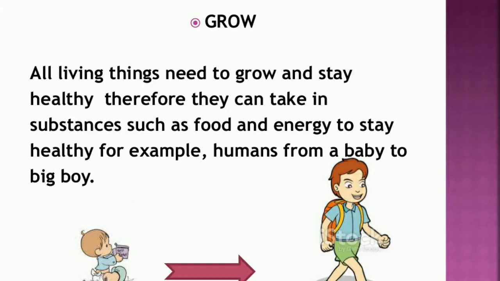First he is a baby and then a big boy. So all living things can grow and they need to grow. Okay children, everyone can understand this slide. So we will learn the next slide.